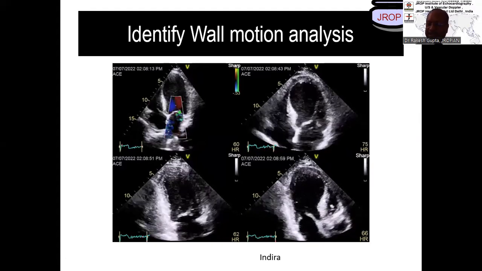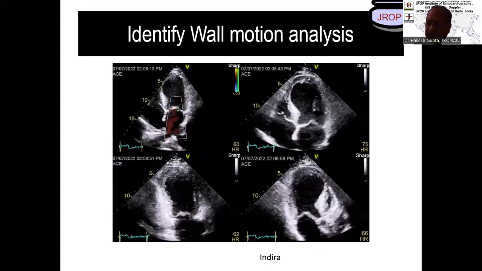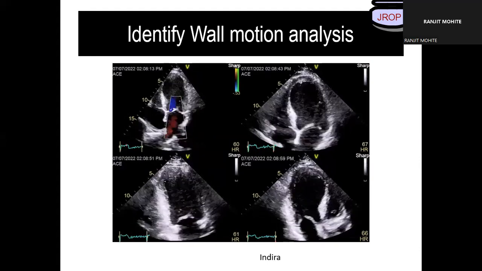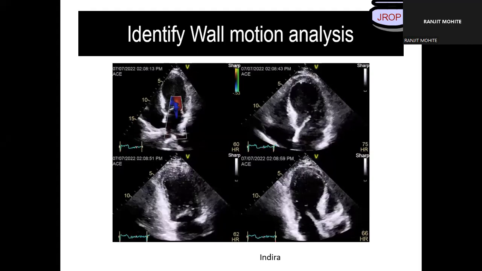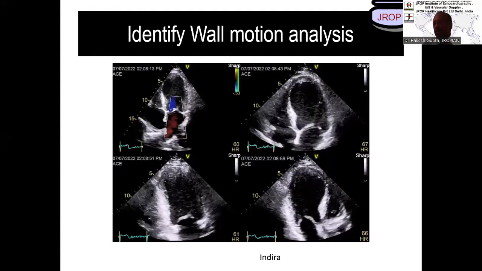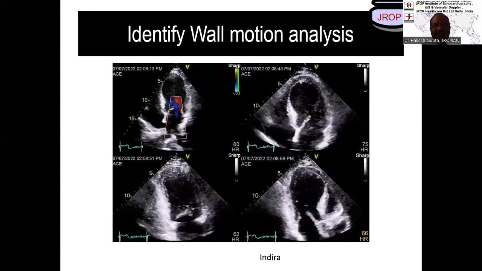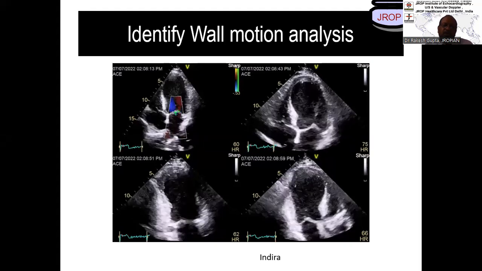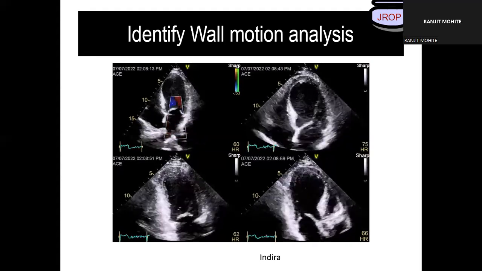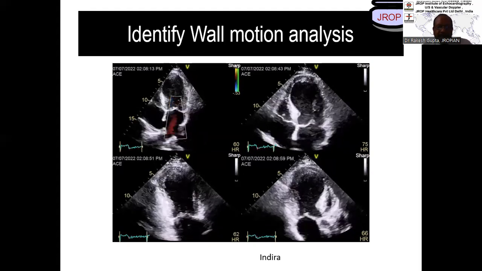So what exactly is the ejection fraction you will expect in this patient, Ranjit? 30%, sir. Around 35%. Remember, when we have LAD involvement, ejection fraction drops to almost 30-35%. When we have RCA involvement, if RV is involved, that's a different phenomenon.